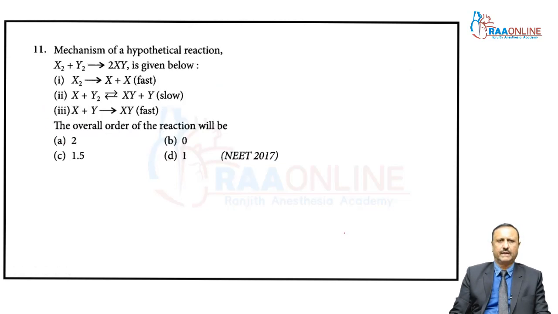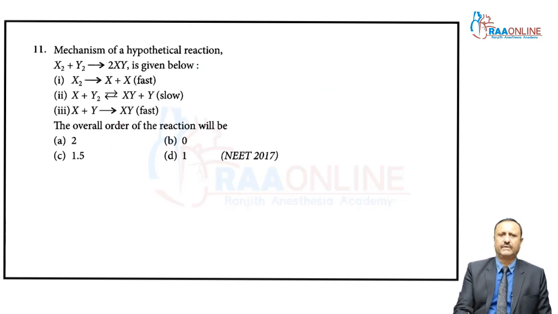Now we can go to question number 11. This question was asked in NEET 2017. The question is about the overall order of reaction. We calculate the order and rate of reaction from the slow reaction, X plus Y2 gives XY plus Y. When you write the rate of reaction, it is equal to k into the concentration of X raised to its power, into Y2.